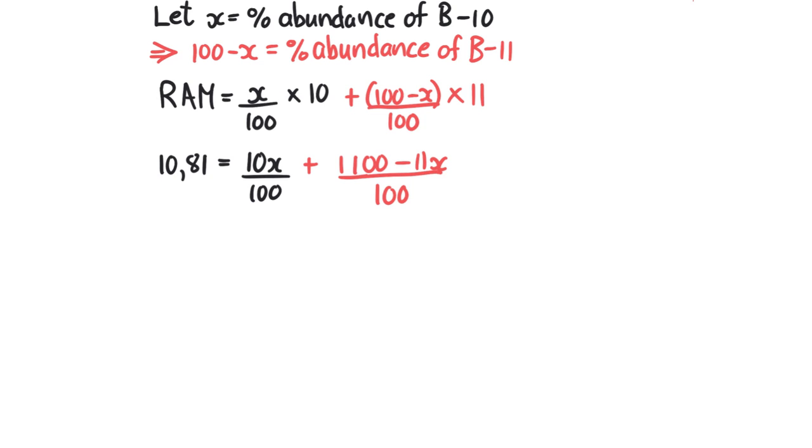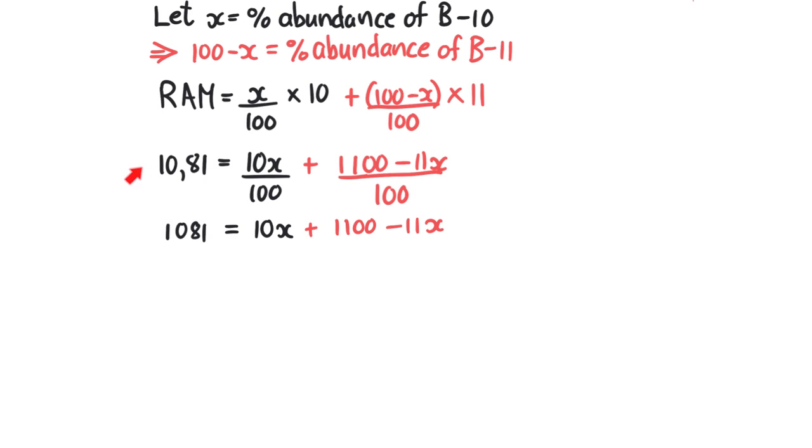We now substitute for the relative atomic mass, 10.81 equaling, now note the 10 times x is 10x over 100, multiply the 11 through, so 11 times 100 is 1100, minus 11 times x is 11x, all over 100.